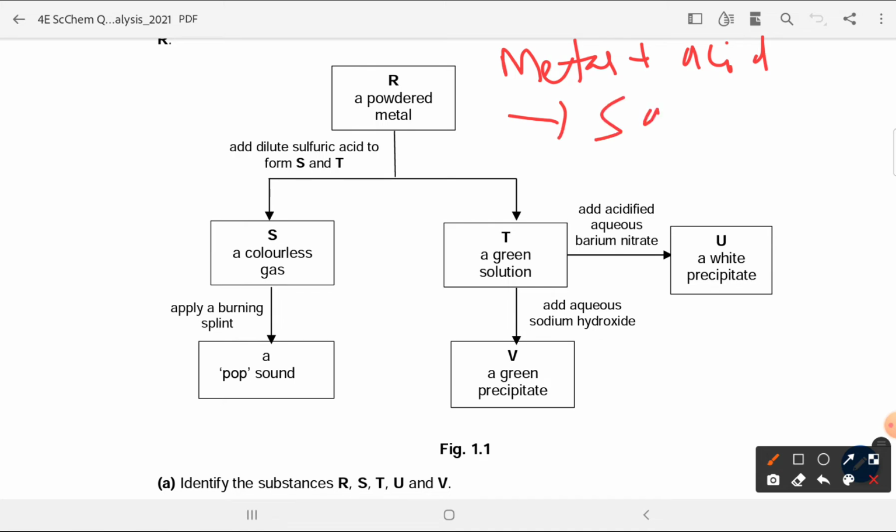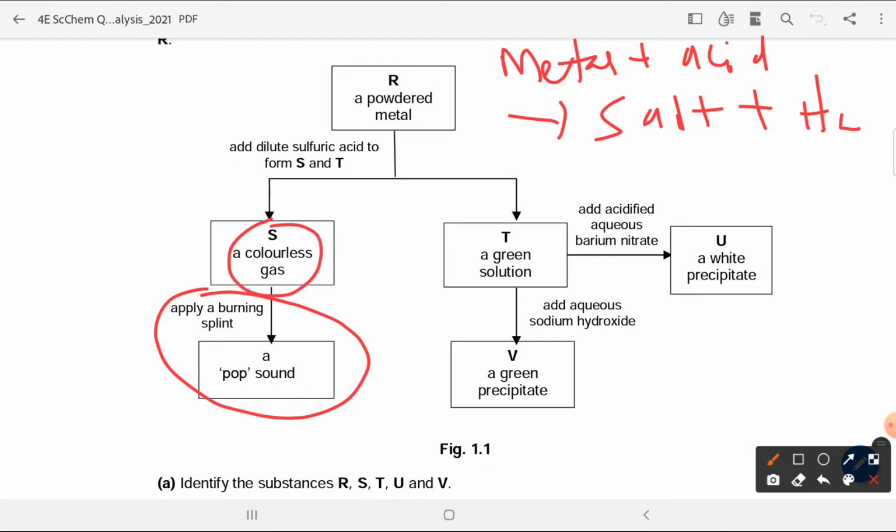You should know that it forms salt and hydrogen gas. And true enough, this part is the hydrogen gas. Apply a burning splint on the colorless gas S, and then a pop sound is heard. So this S is hydrogen gas.